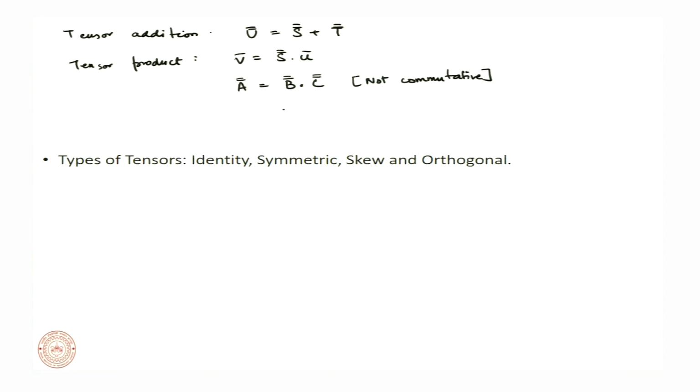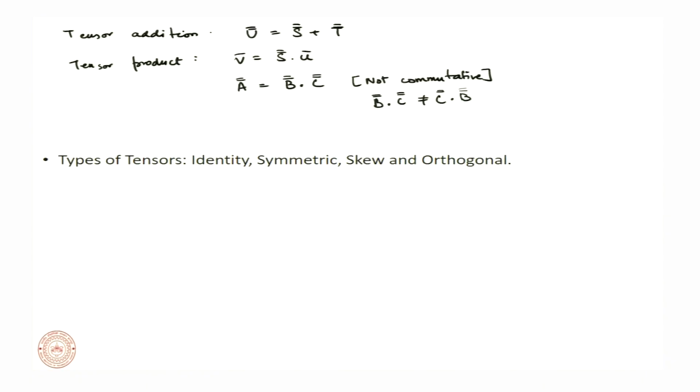What I mean by commutative is that B tensor dot C tensor is not equal to C tensor dot B tensor. This is important to keep in mind because we are transposing one in a dot product, and therefore the two of them will not have the same value.